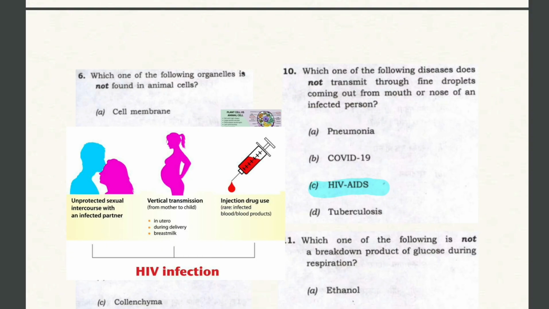So there is a misconception that AIDS spreads through that method also, but it spreads through these three methods, like unprotected sexual intercourse, and then vertical transmission from mother to child during all three stages, in uterus or during delivery or through breast milk also, and then injection drug use. So that's very rare. So these are the three ways HIV spreads. Let's see the next question.